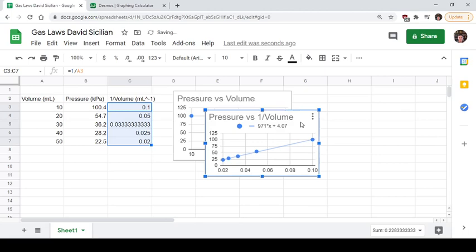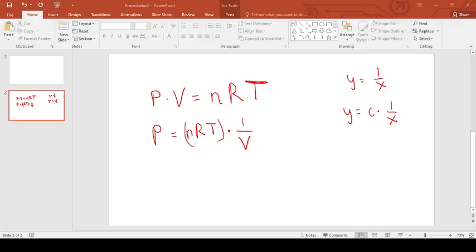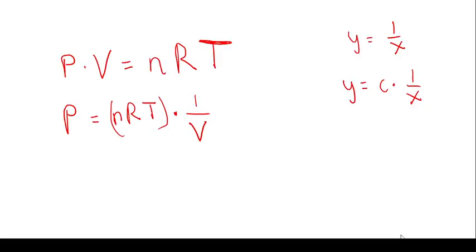So how do we do that? Well, going back to our ideal gas law equation, what we've plotted here is the pressure versus 1 over volume. And we have our equation that fits our data here.